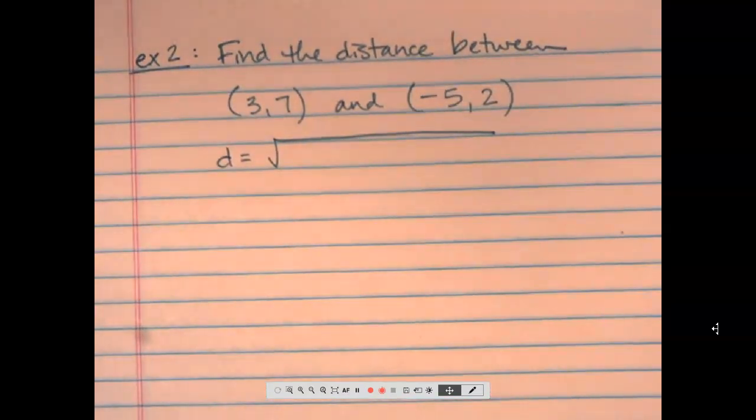When I set this up, y'all look up here for a second. Does this have to be x2? No. This could be x2 minus x1. If you thought it might be easier to subtract 3 minus negative 5. But then this has to be y2. Okay, so you have to start with the same ordered pair. You don't have to start with the one that's physically listed second.